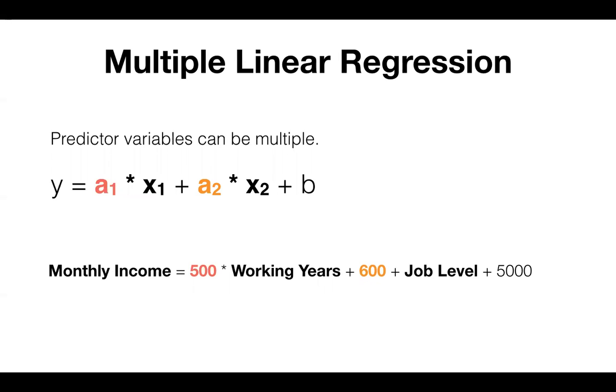It's hard to believe working years is the only thing that drives changes in monthly income. Usually there are other things, maybe talent, productivity, or the type of job you do. So typically you throw in more variables and explain the change in monthly income as the additive result. For example, working years and job level. With two or more variables, we call it multiple linear regression.